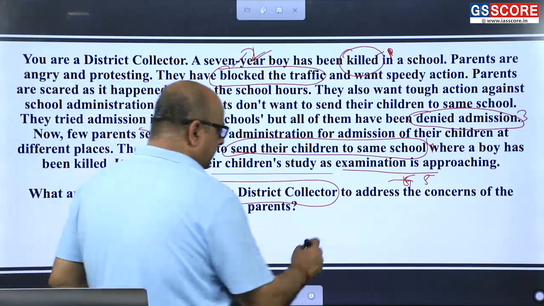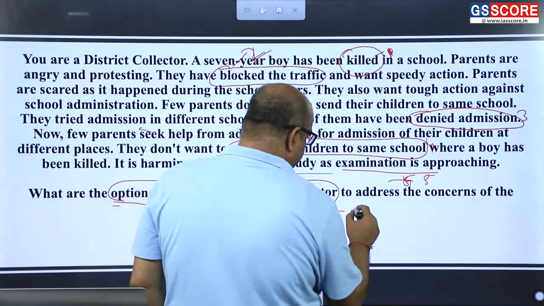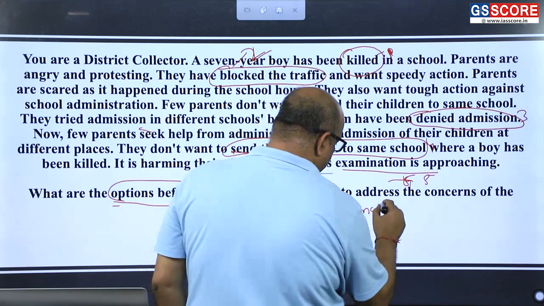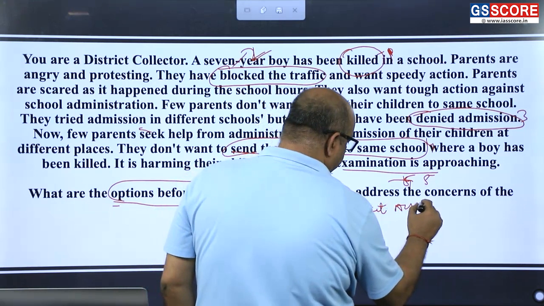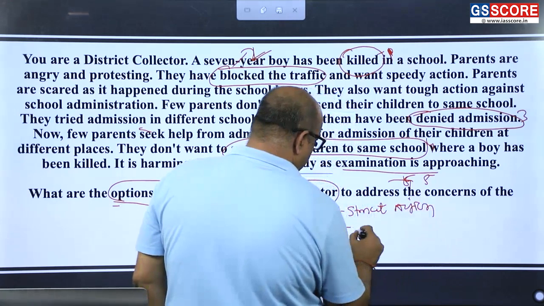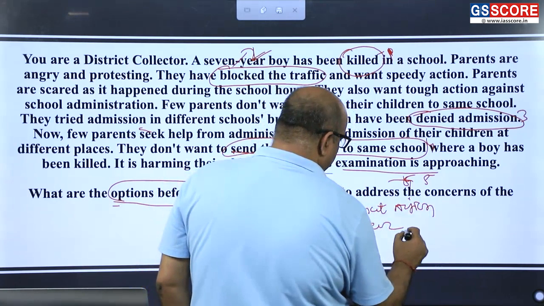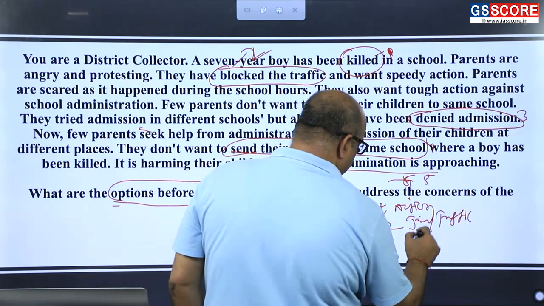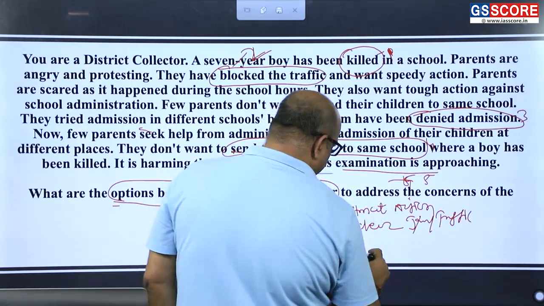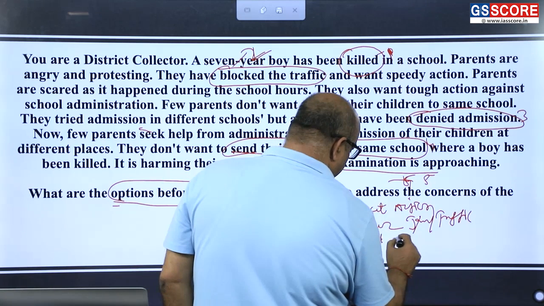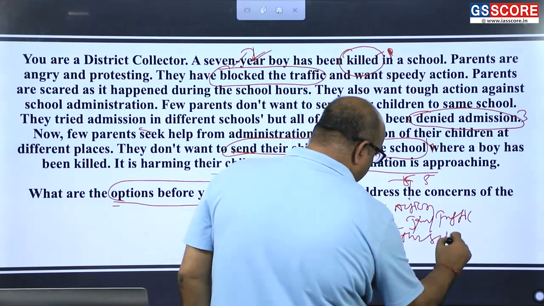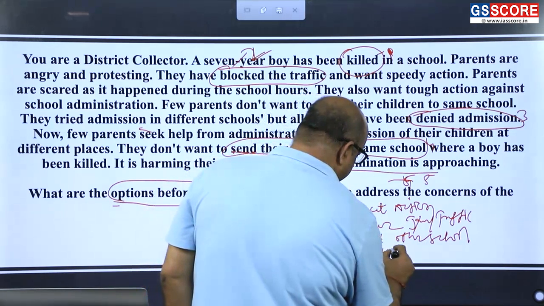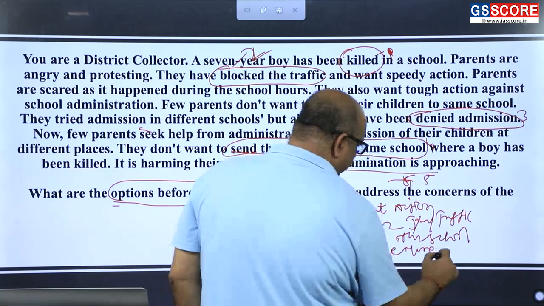So you may say take strict action against the school, clear the traffic, help parents to get admission in other schools, take more security measures.